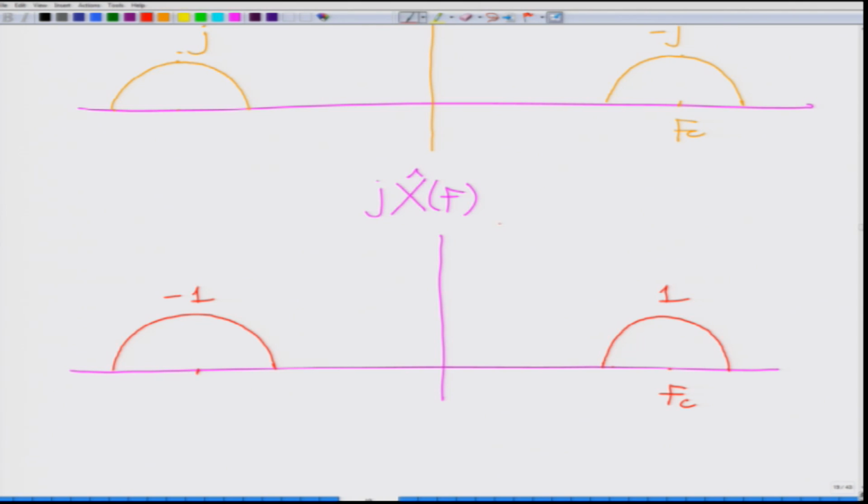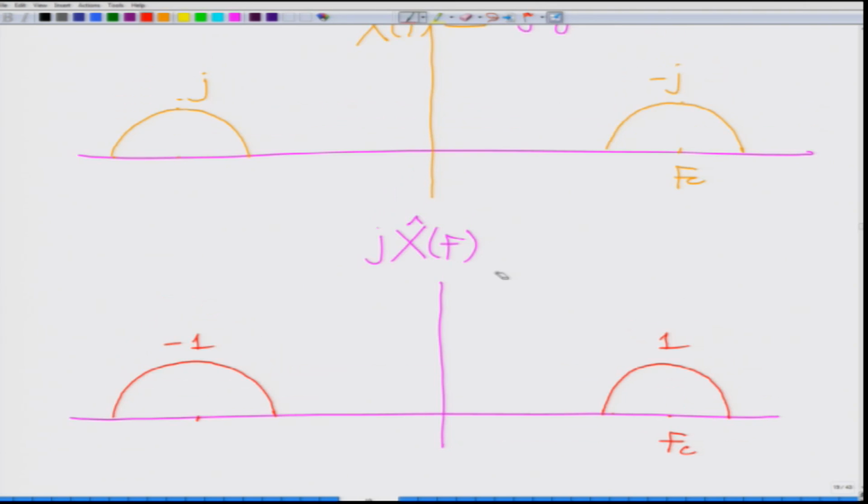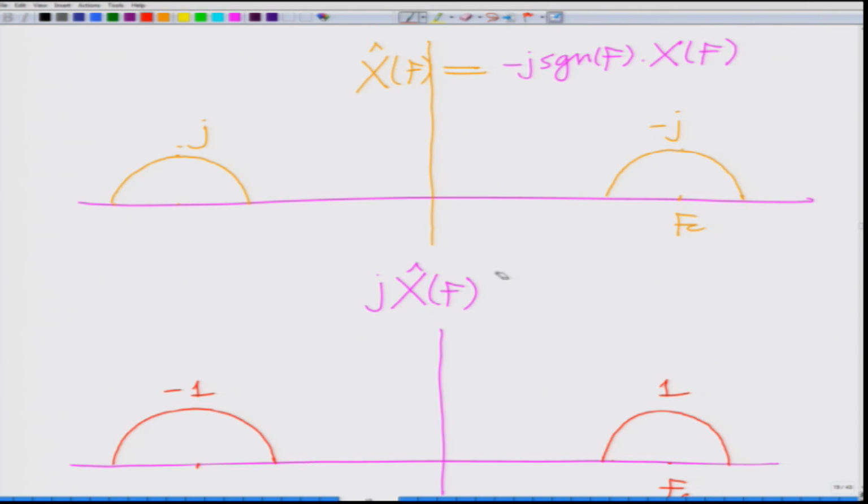So this is the spectrum of j X hat of f, where X hat of f is the spectrum of x hat of t. Or you can say this is the spectrum of j x hat of t.